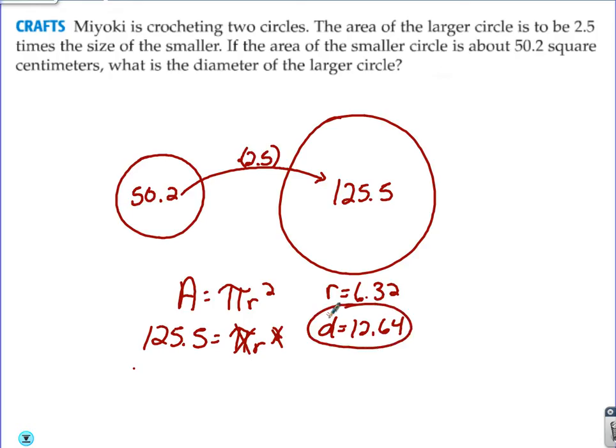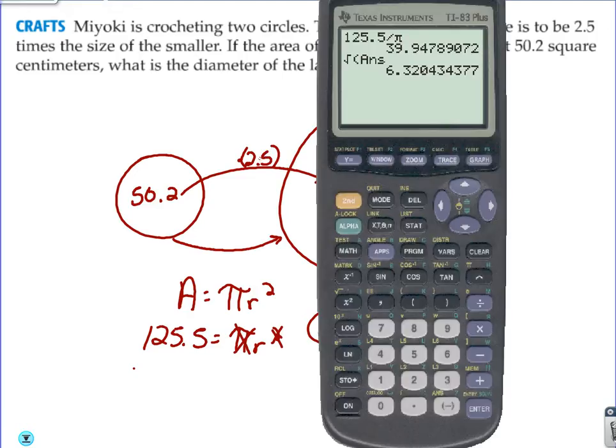Now let me show you another way of doing it. If that's the diameter of the larger one, we should be able to find the diameter of the smaller one, not by dividing by 2.5. That's the scale factor of your areas. If the scale factor of your areas is 2.5, then the scale factor of your side lengths is the square root, 1.58.